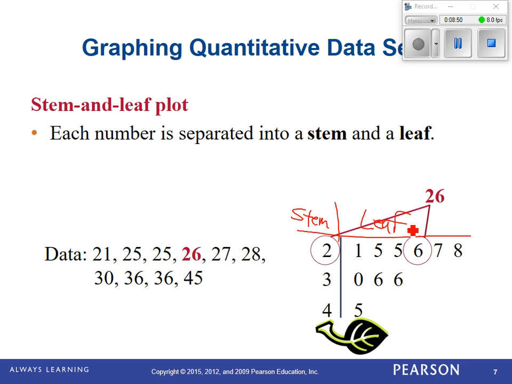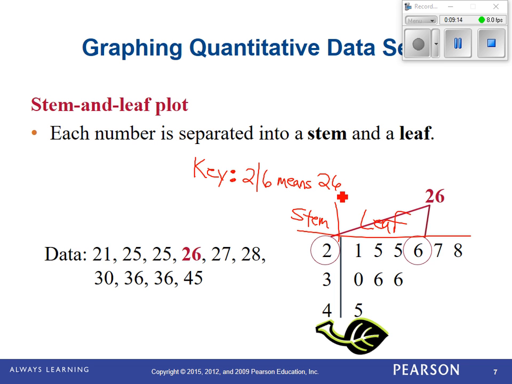Now the one thing on this stem and leaf plot that you must always have, and I should have said this on the other one, is you need a key. So you're always going to have a key and explain to somebody that the 2 on this side and the 6 on that side equals 26.